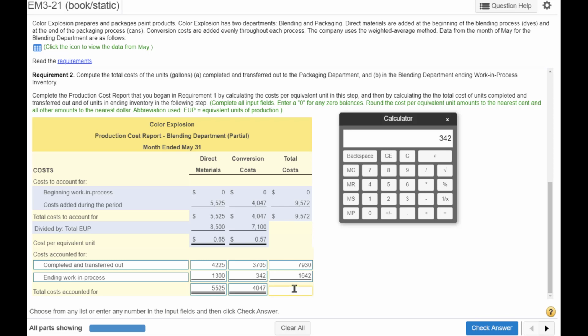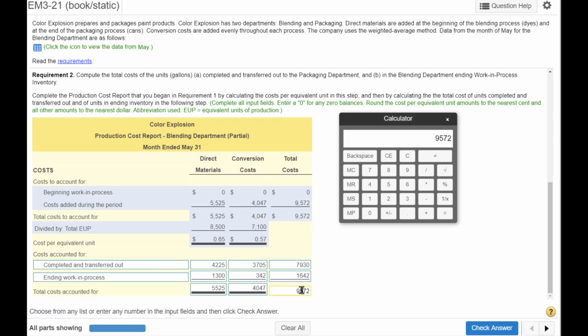And then for this number, there are two ways to calculate. Take this number plus this number, 7,930 plus the 1,642, gives us 9,572.